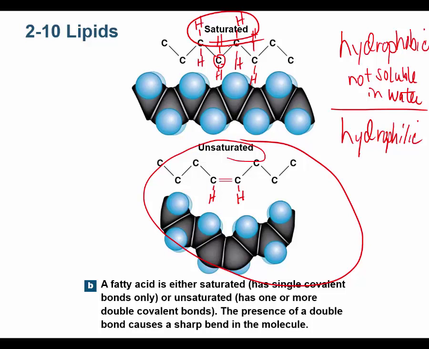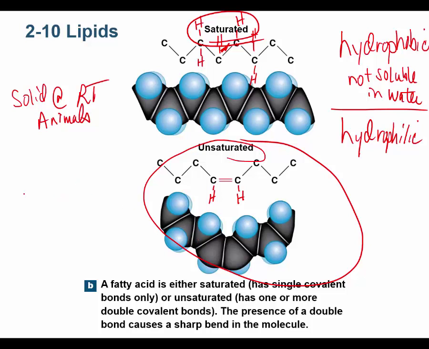But when you put a double bond in here, you have to get rid of a hydrogen, because carbon can only have 4 bonds. So this is an unsaturated lipid. Now, who cares? Well, here's who cares. Saturated lipids are solid at room temperature, and they're typically found in animals like humans.